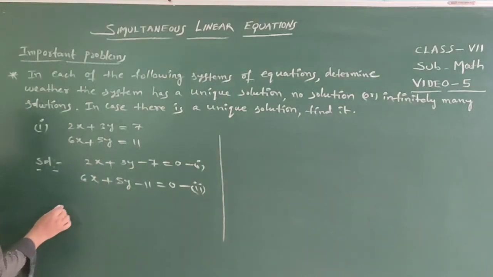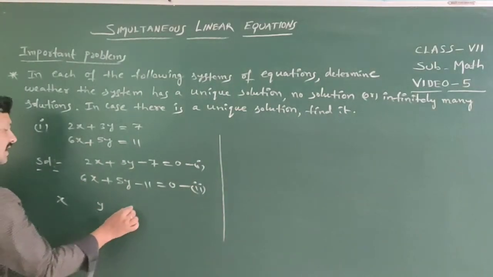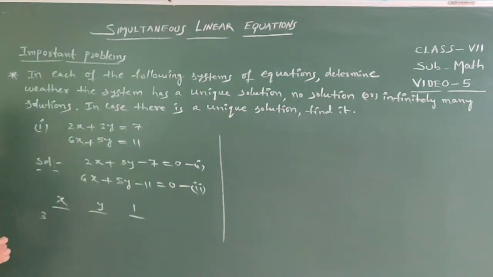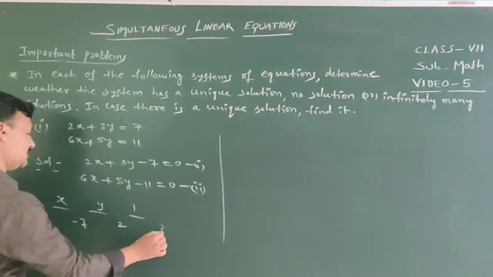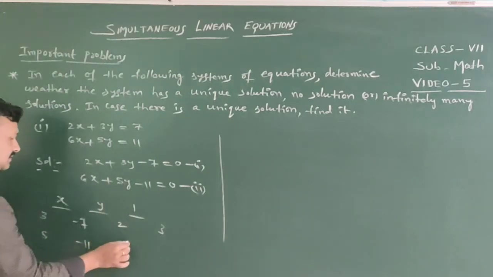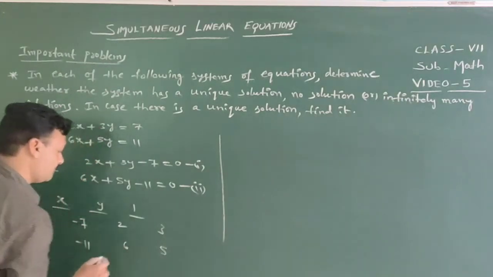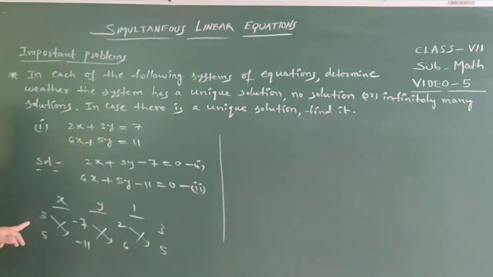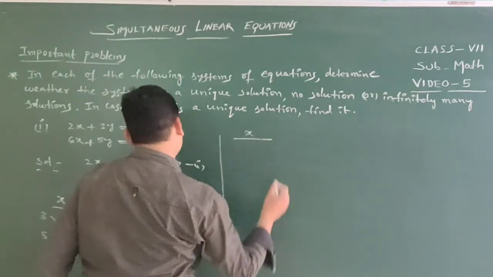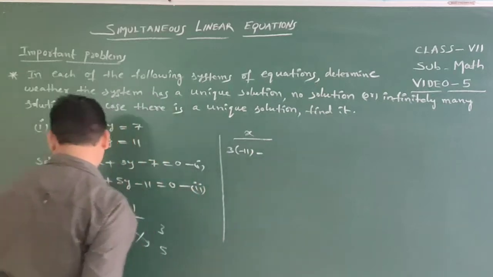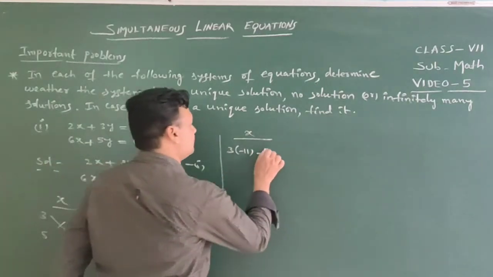So here x, y, constant. Coefficient of y is 3, minus 7 is the constant, 2 is the coefficient of x, again 3. Here 5, minus 11, 6 and 5. 3 into minus 11, minus 5 into minus 7.